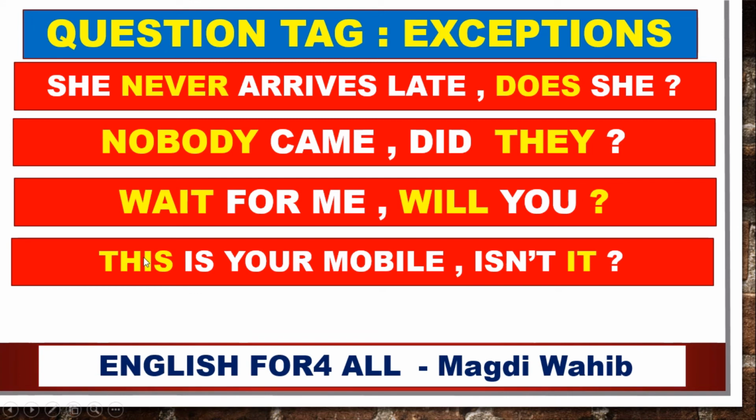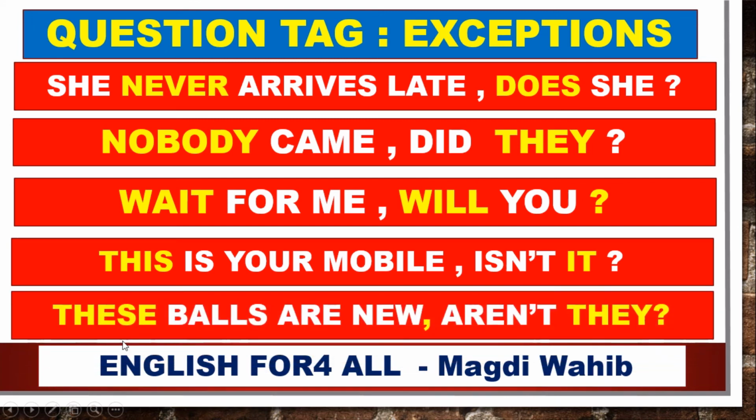What about if this is plural? These balls are new, aren't they? So we replace this by they, and we replace this because this is singular by it, and we replace these as plural to be they in the question tag.